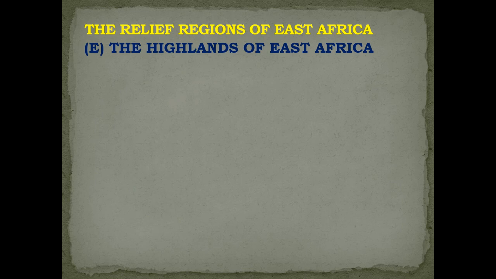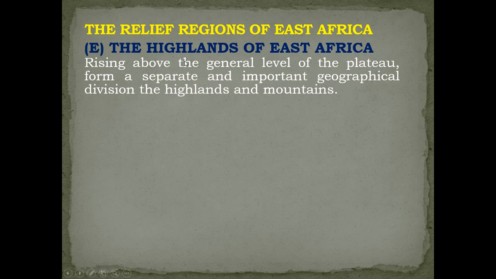Then the last pronounced relief region of East Africa is what we call the highland region, or the highlands or mountains of East Africa. This region lies above 2,000 meters above sea level.